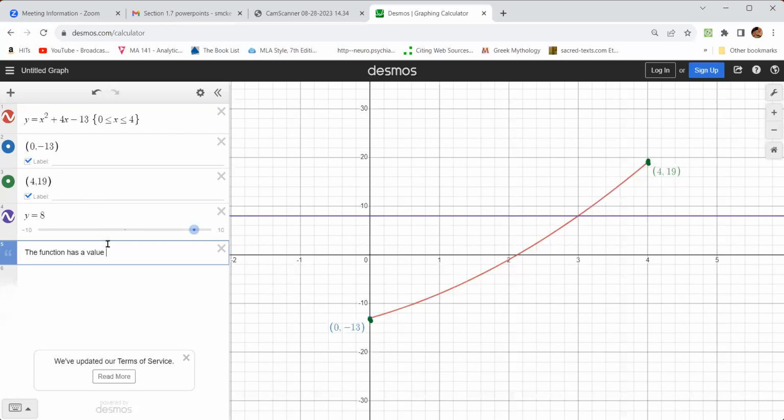So it's convention to change the variable. It's called a dummy variable. So the function has a value c in the interval, for the sake of example, from x equals 0 to x equals 4.